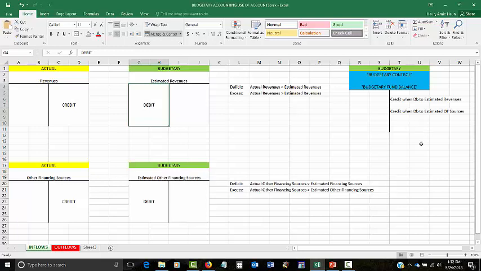Well, this account that I'm talking about, this budgetary control or budgetary fund balance, again I'm going to call it BFB, is also established. This BFB account is established for the sole purpose of recognizing the differences between the anticipated inflows and the anticipated outflows related to the budgetary period.